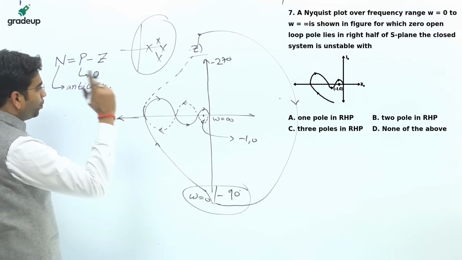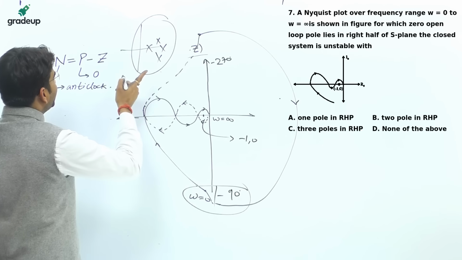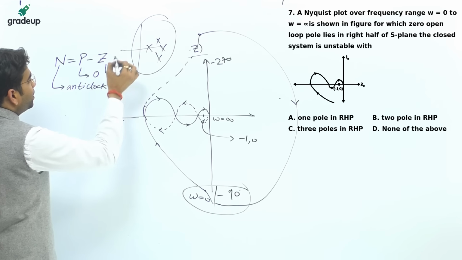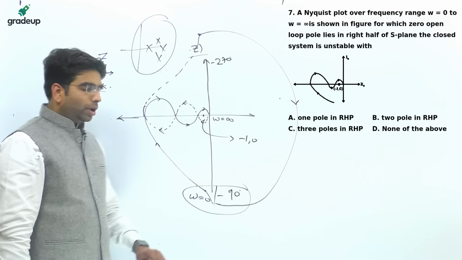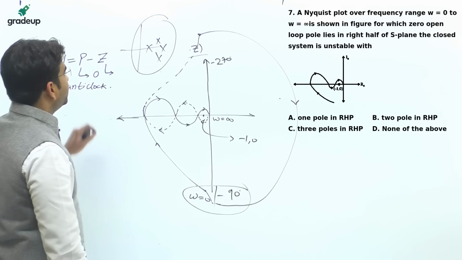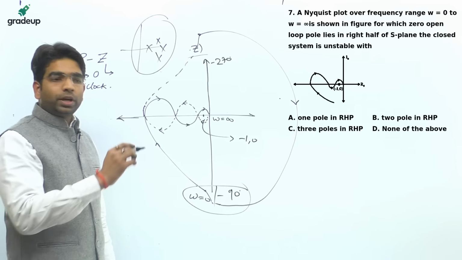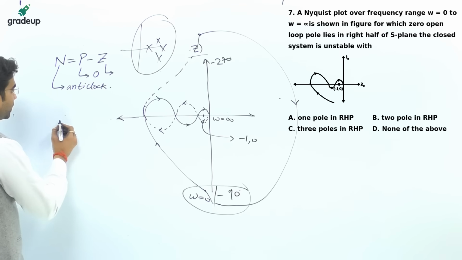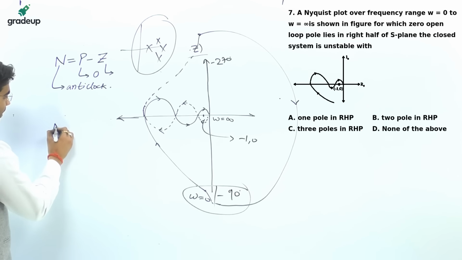P is again the open loop poles on the right side of the S-plane. Z is the total number of roots which cause instability to the system. So what is N?